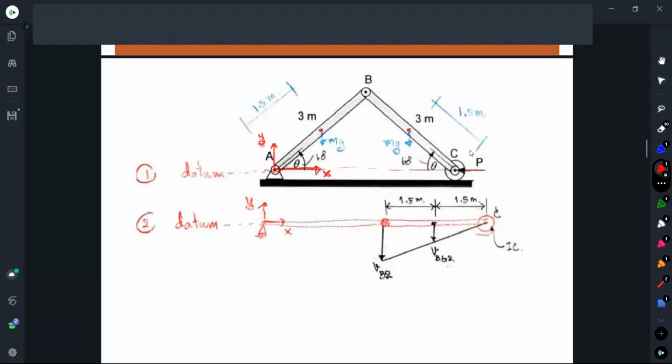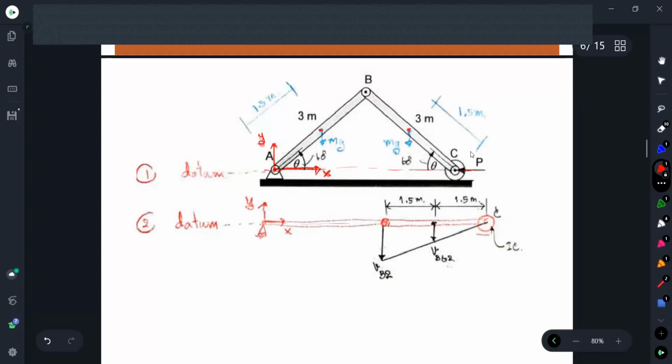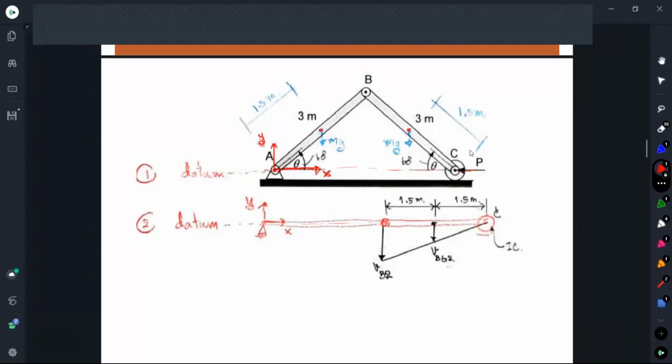For the second position, after it is released, it goes down until theta becomes 0, so the line of the two links becomes along the datum.